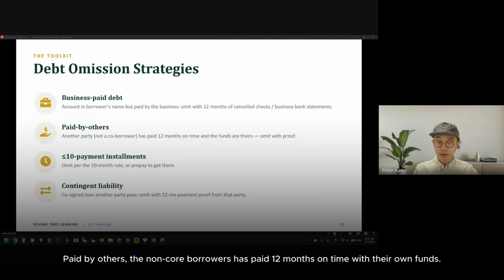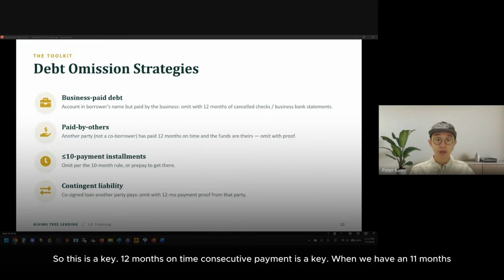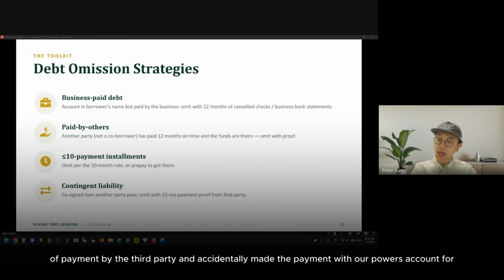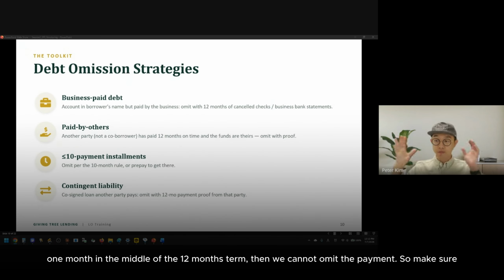Paid by others: if non-co-borrowers have paid 12 months on time with their own funds, omit with their proof. This is key: 12 months of on-time, consecutive payments is the key. If we have 11 months of payments by the third party, and the borrower's account accidentally made the payment for 1 month in the middle of the 12-month term, we cannot omit that payment.